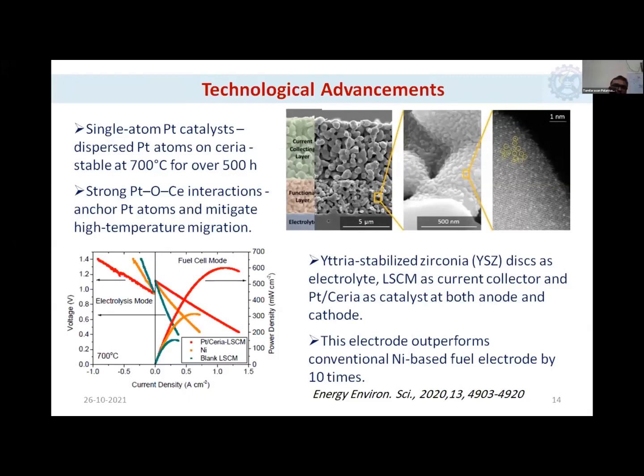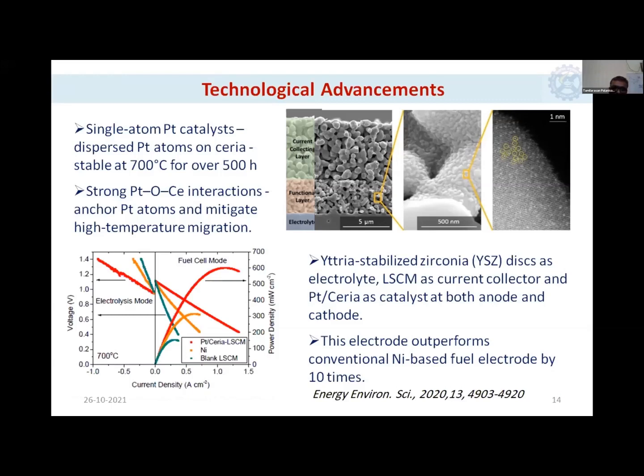Now if you are making nanoparticles of platinum, the working temperature is 700 to 1000 degrees Celsius. At that high temperature, the platinum nanoparticles migrate and agglomerate together to make bigger particles. Okay, so these things are hindering the stability of the device for long-term operations.